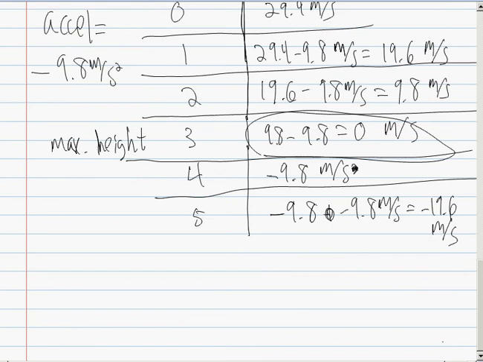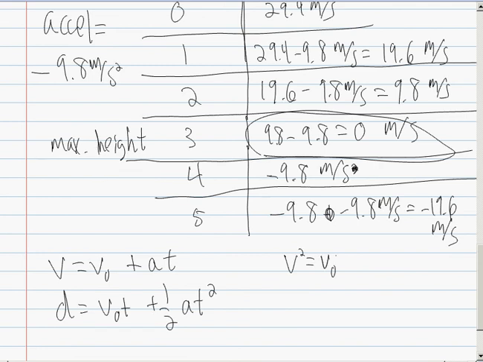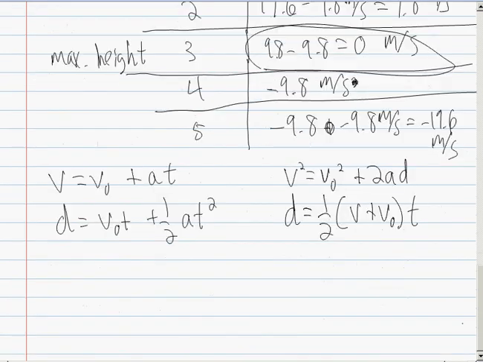Now, all of our equations that we used before: v equals v0 plus at, d equals v0t plus 1/2 at squared, v squared equals v0 squared plus 2ad, and d equals (v plus v0) times t, or there's the other way, (v plus v0) over 2 times t.